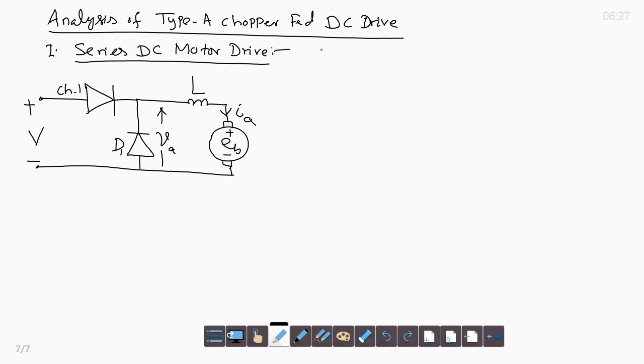L is the inductance of the armature plus the inductance of the field plus the filter inductance if it is there. You can write plus L filter if it is there. Similarly, total resistance R is armature resistance plus field resistance, R plus Rf. The filter usually does not have resistance.